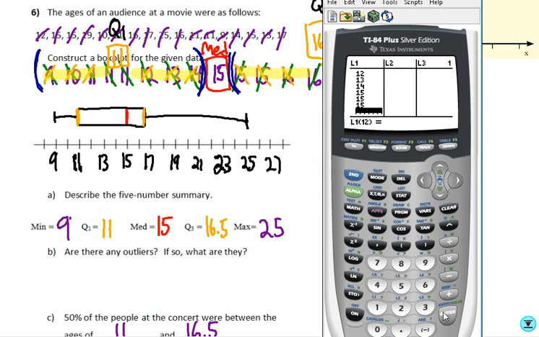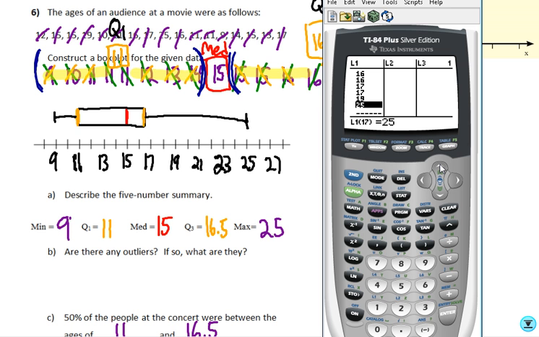So I've got 3 15s, we got 2 16s, 2 17s, a 19, and a 25. Remember, there were 17 people that we surveyed, so we should have a total of 17 numbers, which we do.